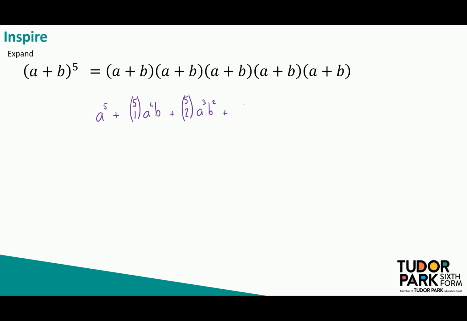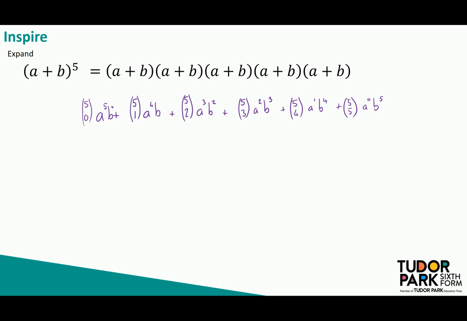Then continuing, I would have 5 choose 3 lots of a squared b cubed, plus 5 choose 4 a to the power of 1, b to the power of 4, and finally 5 choose 5 lots of, continuing the pattern, a to the power of 0, b to the power of 5, which I might actually choose to do for the first one just for completeness. Here I haven't picked any b's at all, so this would be 5 choose 0.